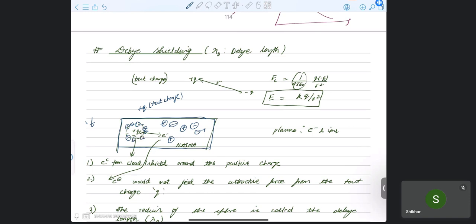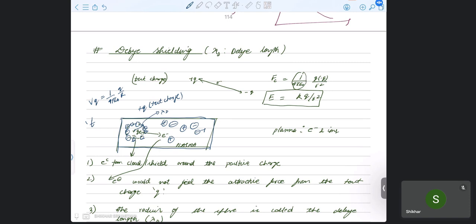The significance of this spherical cloud is that the influence of the potential created by this charge, the Coulomb potential 1 by 4 pi epsilon naught q by r, where r is the distance, would be felt only up to a certain distance, the radius of the sphere. That radius is called the Debye length, and the sphere is called the Debye sphere.